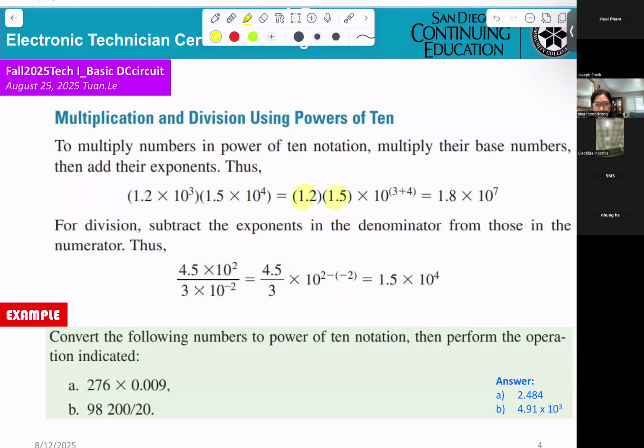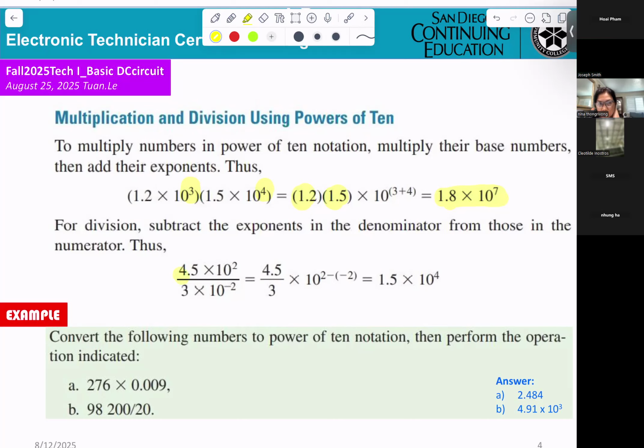And the power, add them up, 3 plus 4. That's what you get here. Okay? That's very, very basic math. Everyone make sure you understand it.